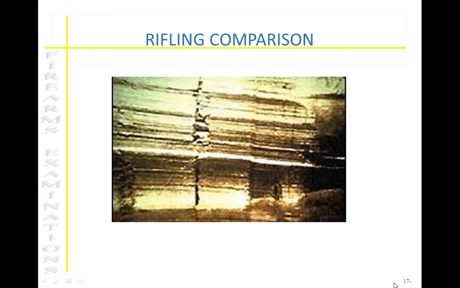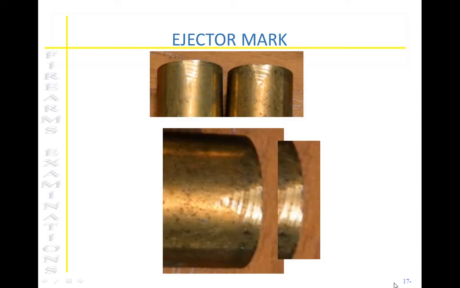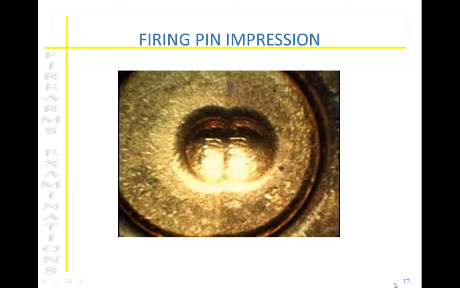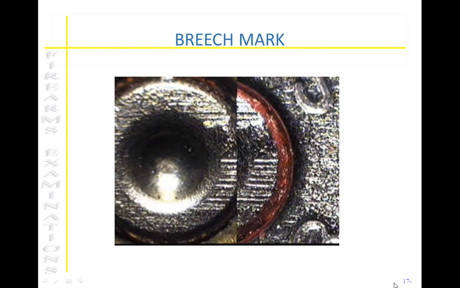This shows you a good example of a rifling comparison. And this shows ejector marks that might be present. This is a firing pin impression and various breech marks.